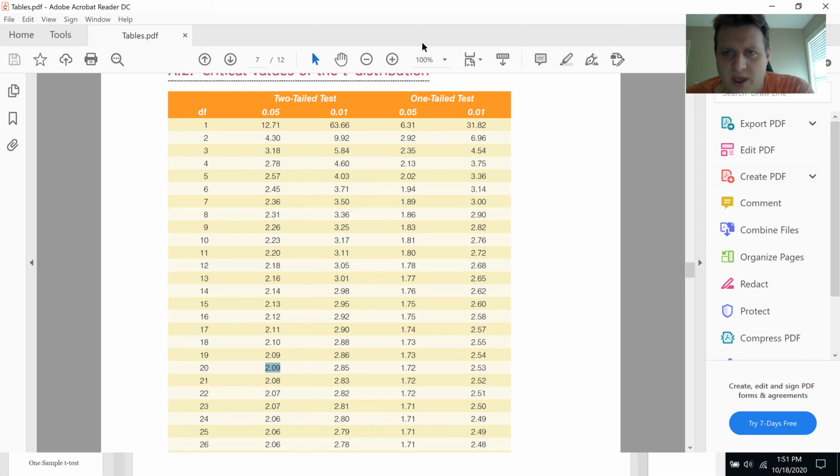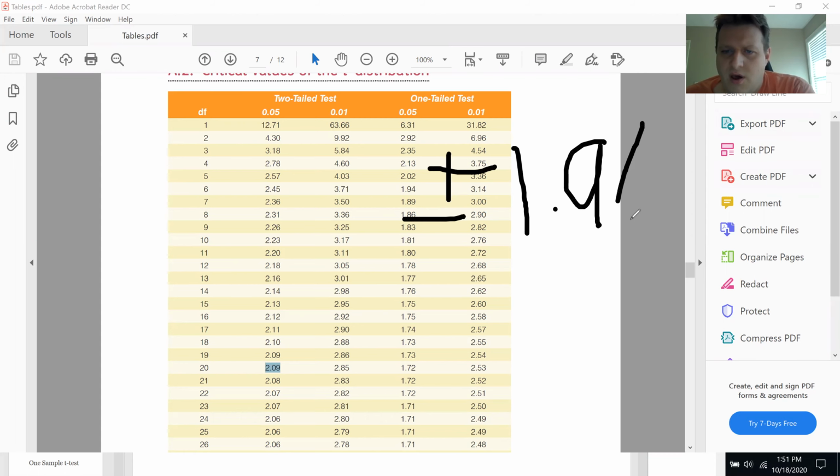Now, 2.09 is close to another number that you guys have familiarized yourself with: plus or minus 1.96. This is very similar to that. This is what it would be if we were doing a one sample z-test.